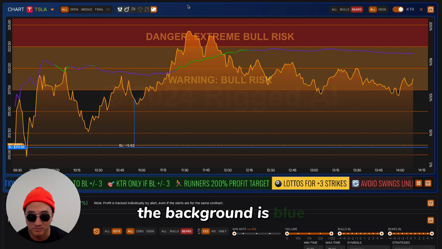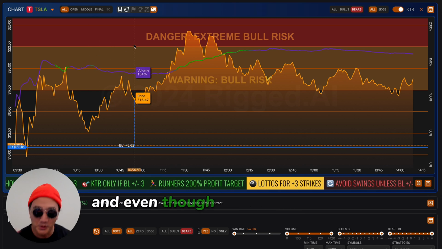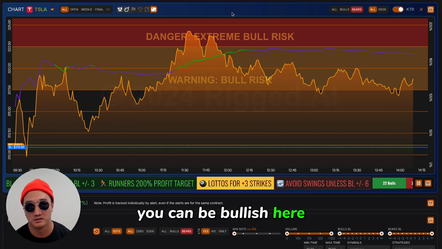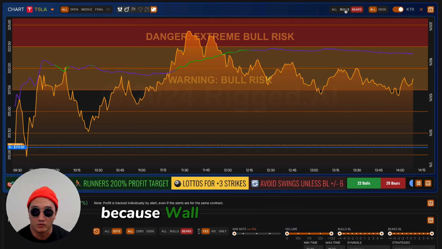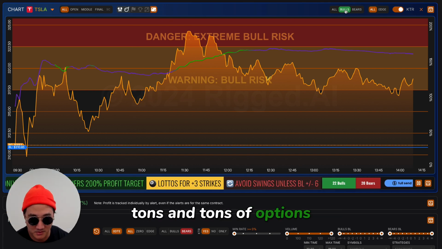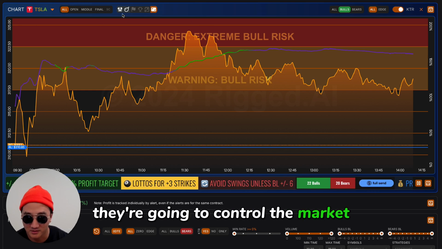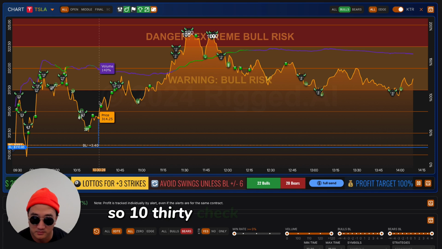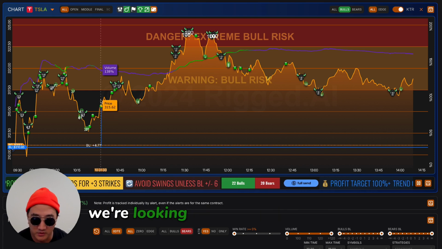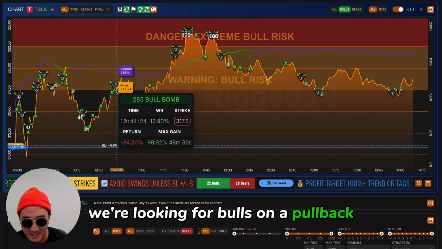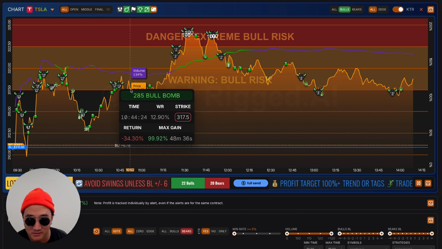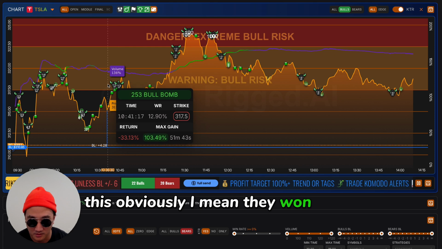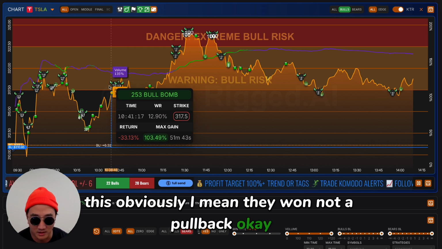The background is blue. And even though everything else is bearish, you can be bullish here because Wall Street's trading tons and tons of options. They're going to control the market, and this is what happens. So 10:30, check, bullish, trade. We're looking for bulls on a pullback outside of the yellow, right? This, obviously, they won, not a pullback, okay?